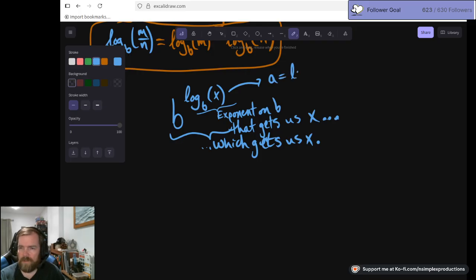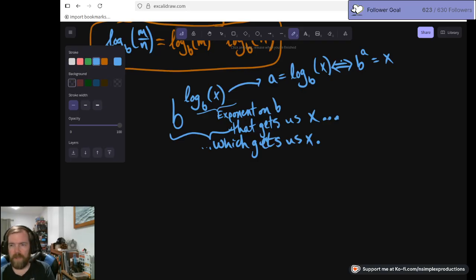A is equal to log base b of x, can then be rewritten as the statement b to the a is equal to x. But we just said a is log base b of x. So it's going to give us the same thing. It's going to get us x.